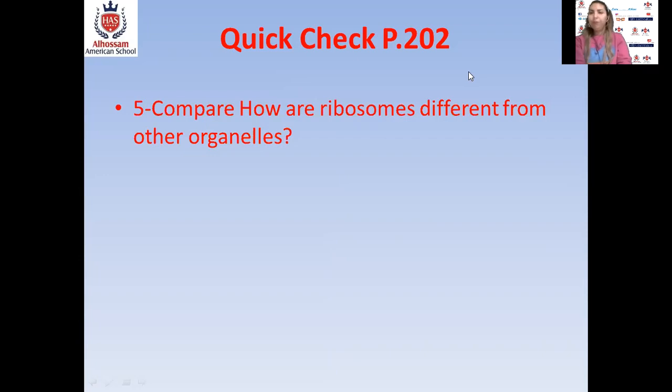That the organelles are covered with a membrane, but the ribosomes aren't covered. Okay, we have some organelles covered with a membrane and others not. So we can say ribosomes are not covered with a membrane like some other organelles, okay? Thank you so much, Ahmed.